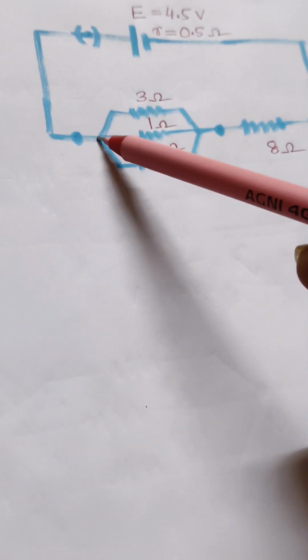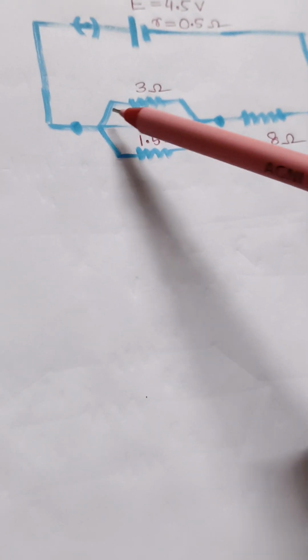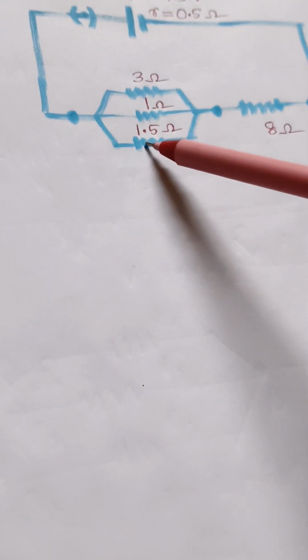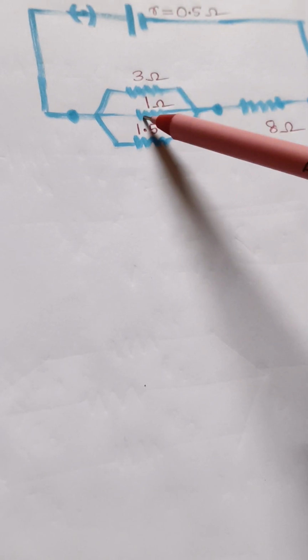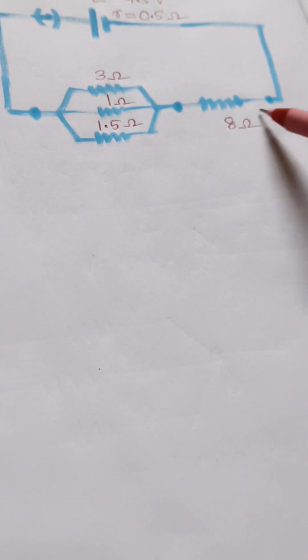Now, when current comes to this terminal, it sees three paths. As I have explained to you, when there is a division of current, that means those resistances are in parallel. Then the current that divides again gets united, and the main current finally flows through this 8 ohm, comes back.